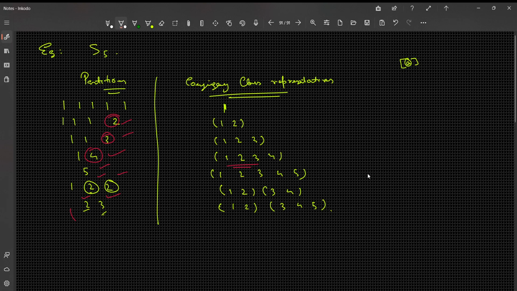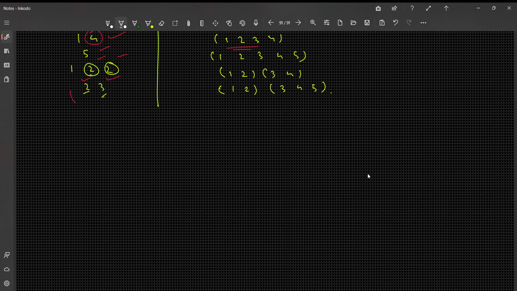Now some trivial observations. Suppose sigma is an m cycle in Sn.